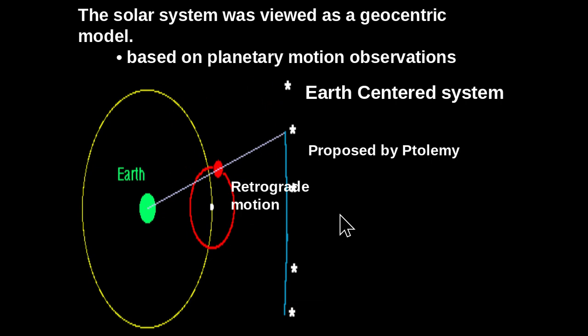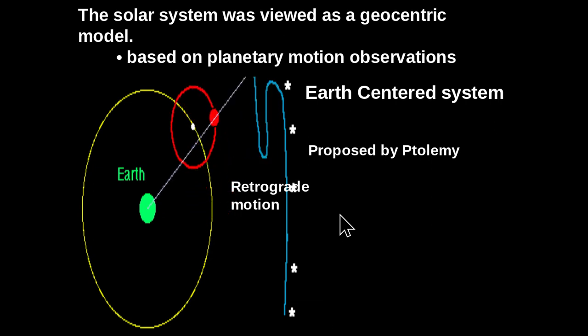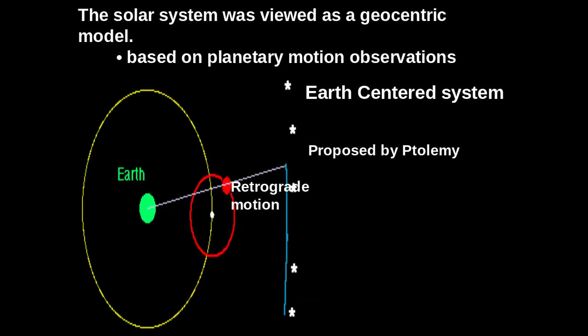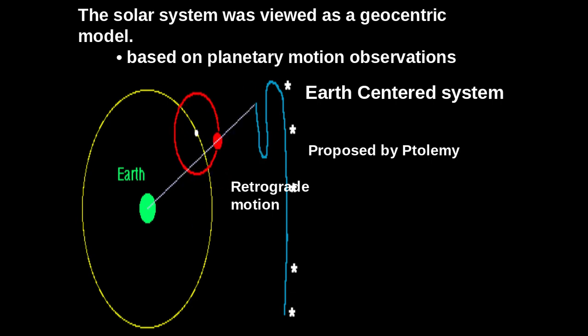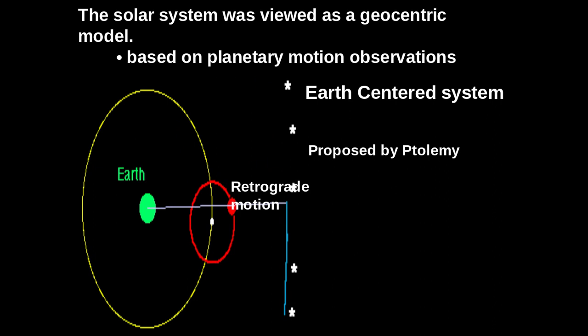And so when you look at all the other planets, they also undergo retrograde motion. And as I said earlier, even today, planets continue to undergo retrograde motion. So this is something that Ptolemy had to explain given the geocentric model.